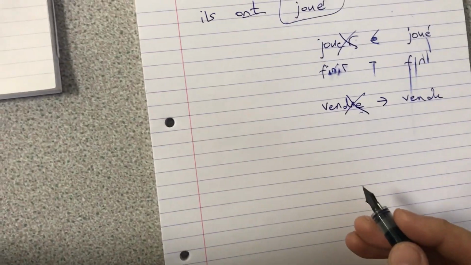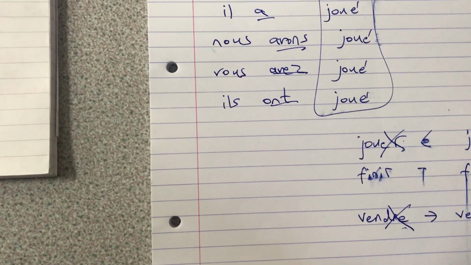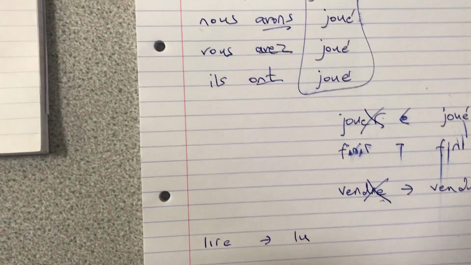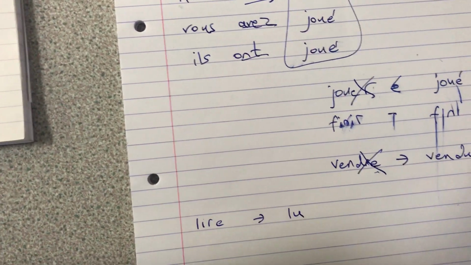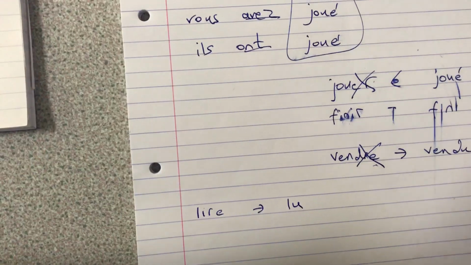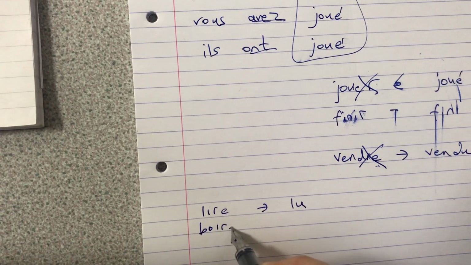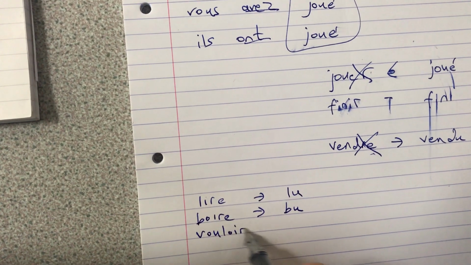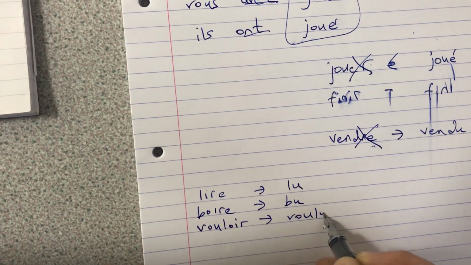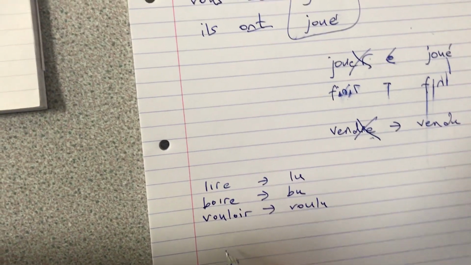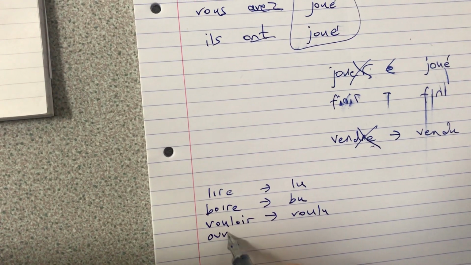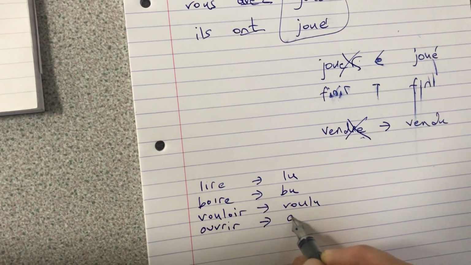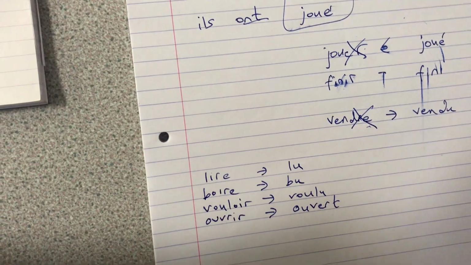Other common irregulars are lire, which is to read. Past participle is lu. J'ai lu, tu as lu, il a lu, nous avons lu, vous avez lu, ils ont lu, etc. Boire, to drink, becomes bu. Vouloir, to want, becomes voulu. Other ones, ouvrir, to open, becomes ouvert.